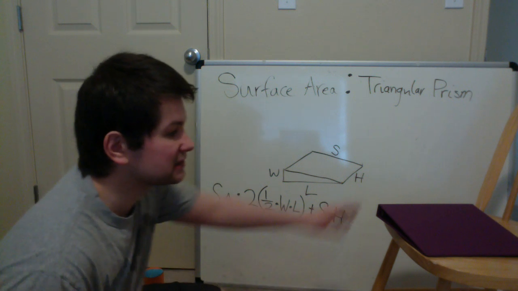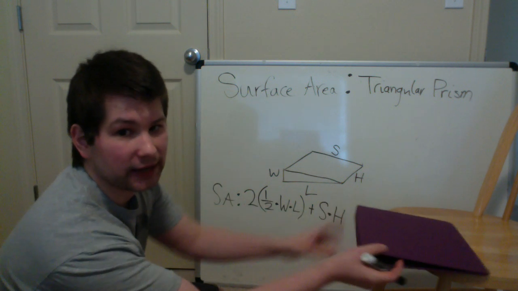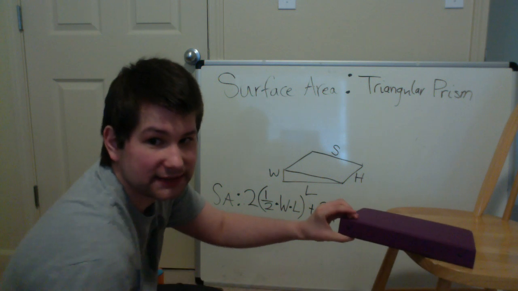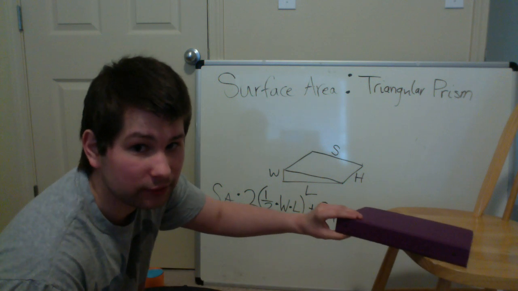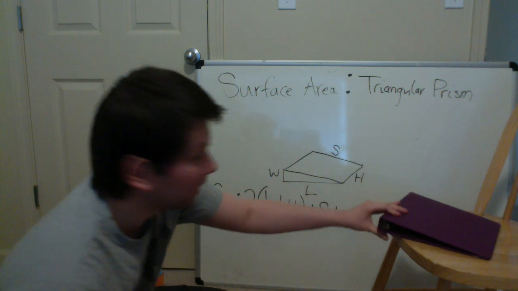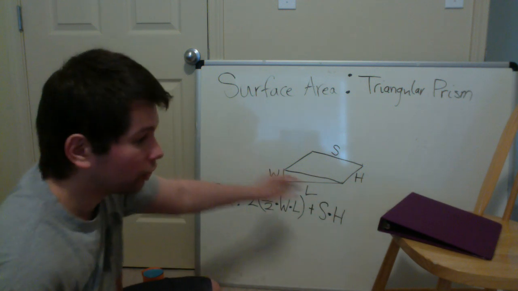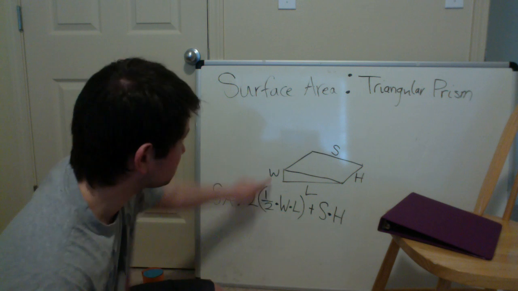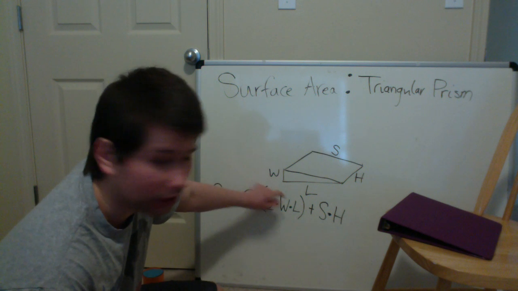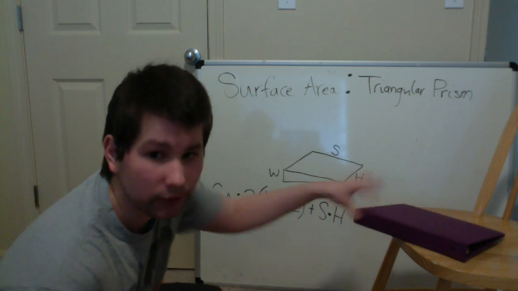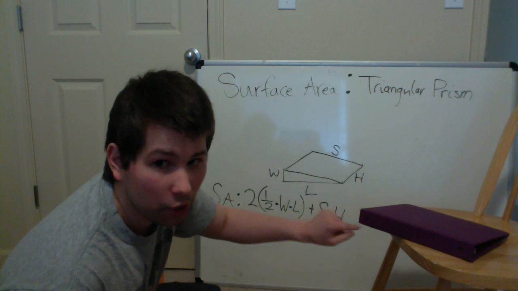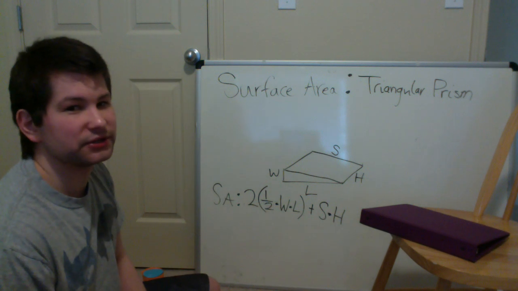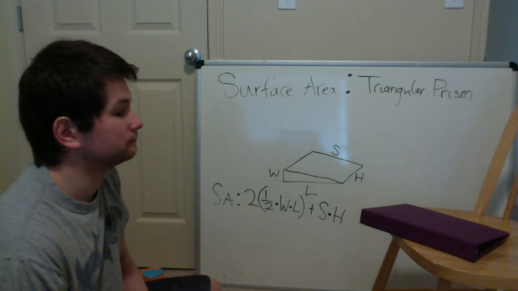Let's do the spine next. So that is this one right here. Notice it is a very thin rectangle. What are the dimensions of that rectangle? Well, let's compare it to what I have written up here. We know that this is the really small side of that rectangle, which is labeled as the width here, right? That's the width for the rectangle part. What's this side right here? That one's a little bit trickier.